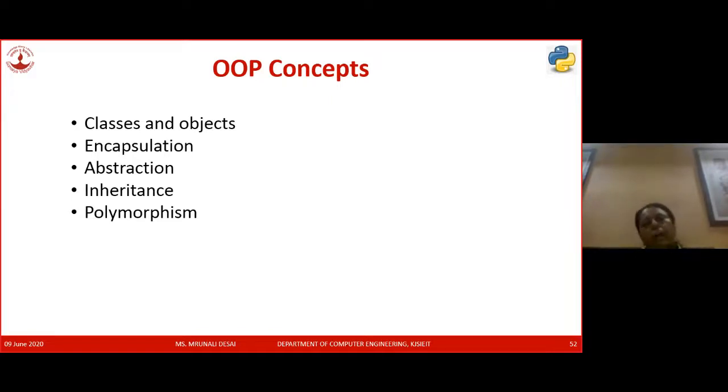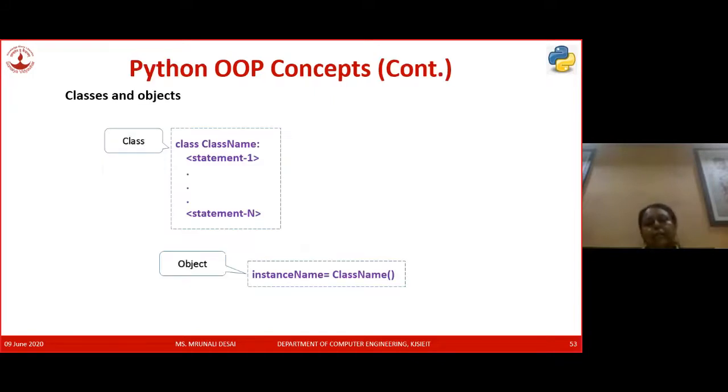Now how to write classes and objects in Python. For writing the classes, the class keyword is there, so we have to write the class keyword, then we will write the class name, then colon, and then the statements, whatever are the attributes of your class, the methods of your class that you write, and that must be indented, right?